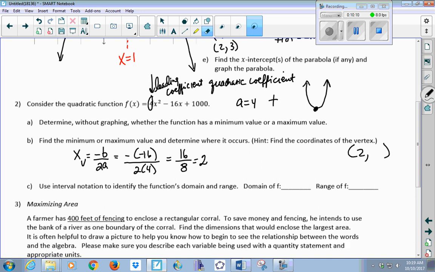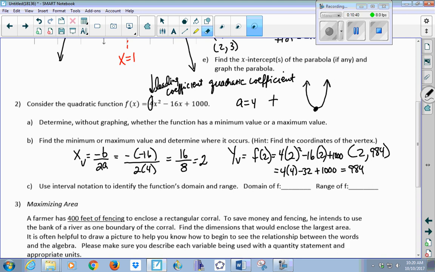To find the y value for our vertex, all we have to do is plug 2 in for x and find the output value. So we get 4 times 2 squared minus 16 times 2 plus 1,000. So that equals 4 times 4 minus 32 plus 1,000, which equals 984.